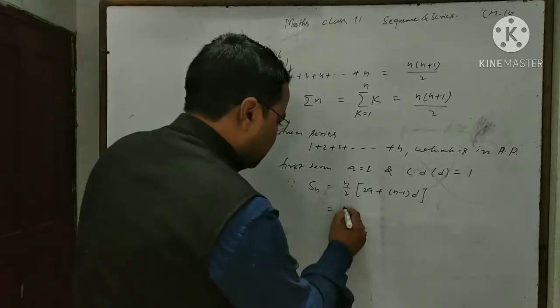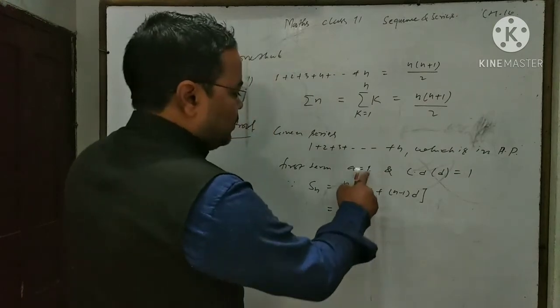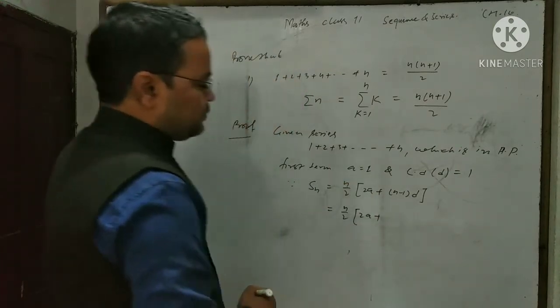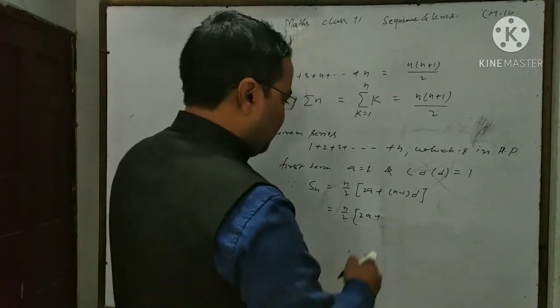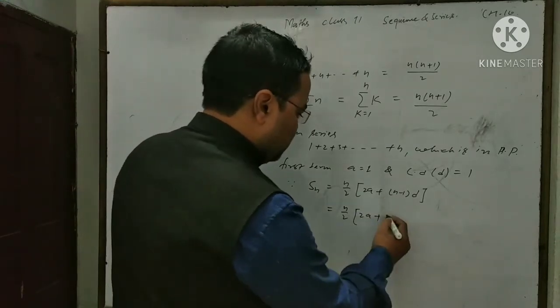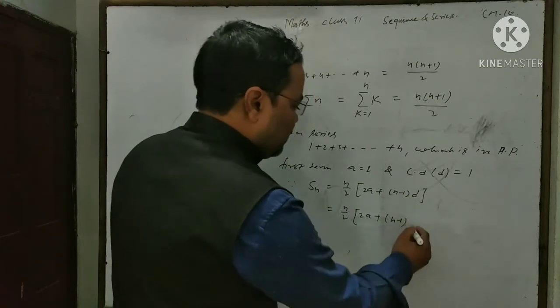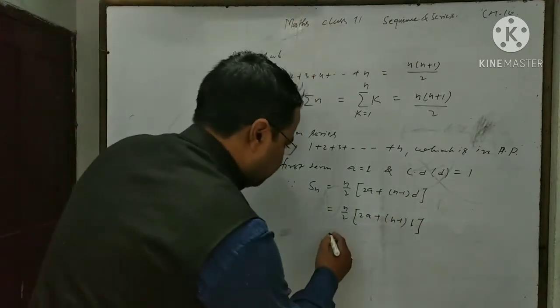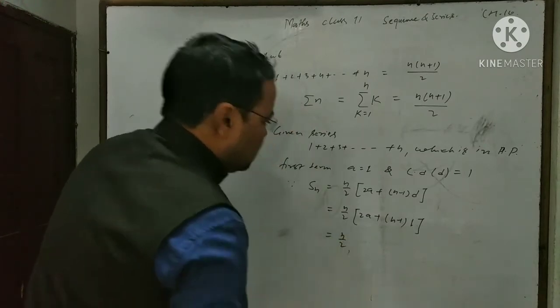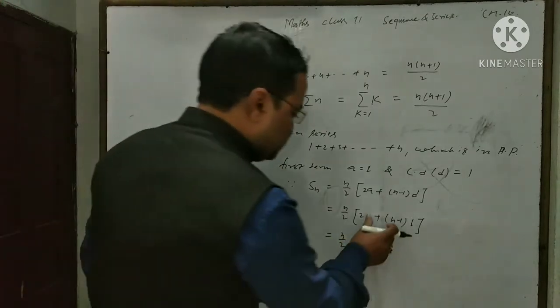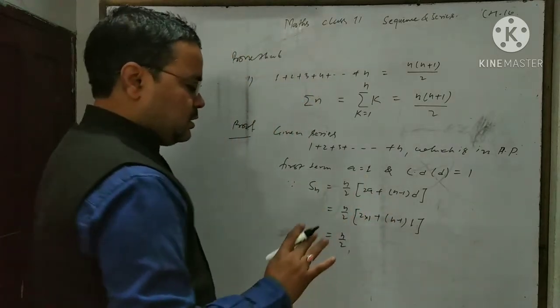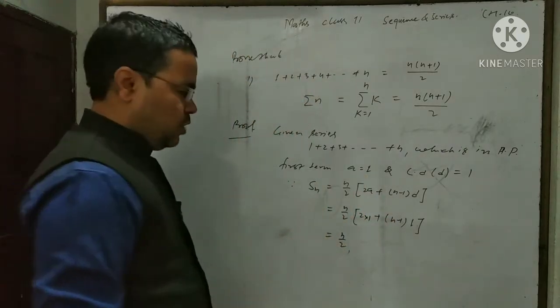Then here n by 2, and the first term is 1, so 2a plus n minus 1 into the common difference 1. Here again we can write n by 2, and the value of a, the first term, is 1.